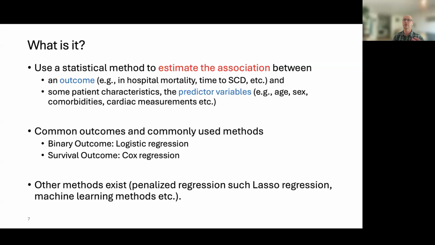These can also be used to estimate this association between the outcome and some predictor variables, but they don't do that in as simple a form as an equation. It's more of a black box approach. Sometimes it's a good idea. Sometimes it may not be a good idea.